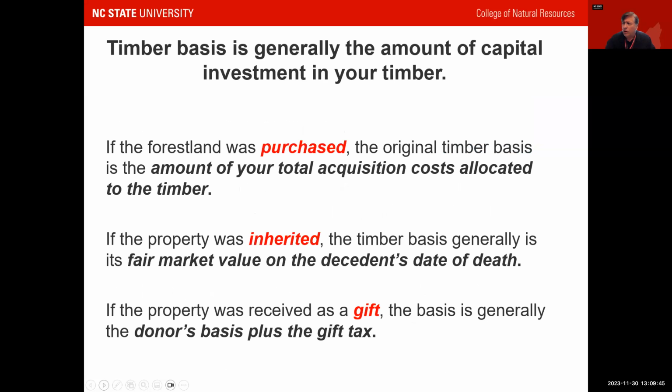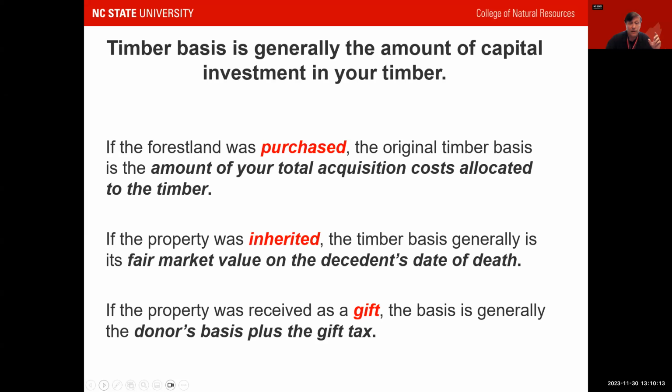So forest land that was purchased, in that case, your original basis would be the amount of your total acquisition costs allocated to the timber. The other way might be if you inherit it, and then your basis would be based on fair market value upon the decedent's death, the date of his actual death or her actual death.